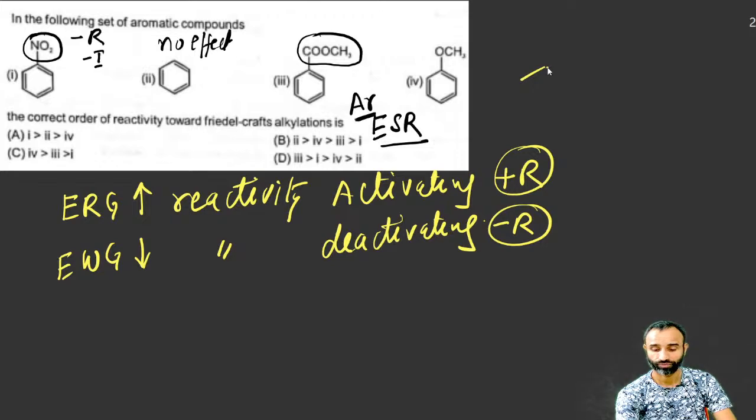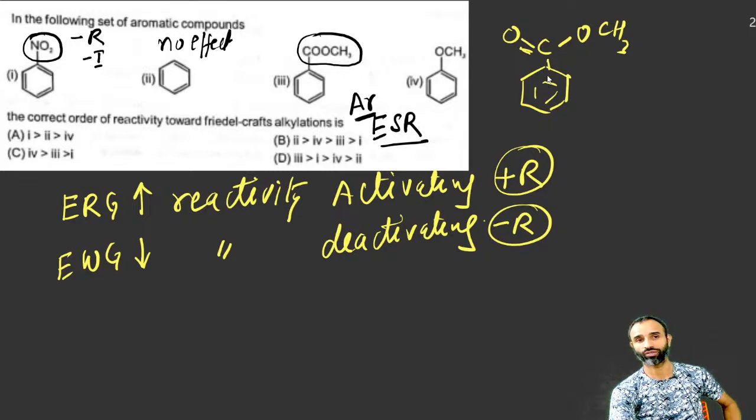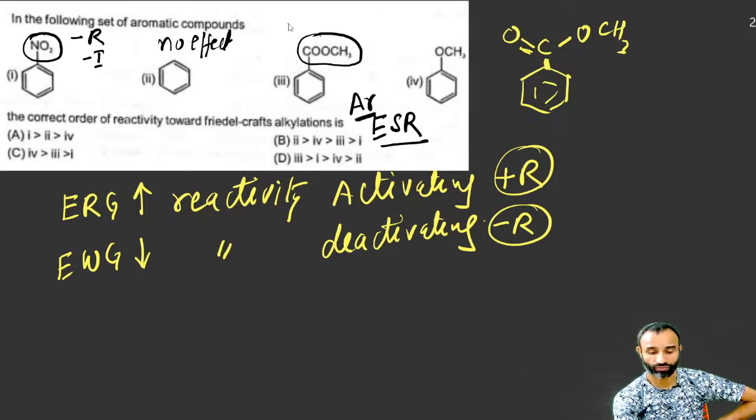Minus R, because it is C double bond O, OCH3, right? So whenever we have a pi bond attached directly to the atom which is attached to a ring, it has minus R effect, and at the same time minus I.